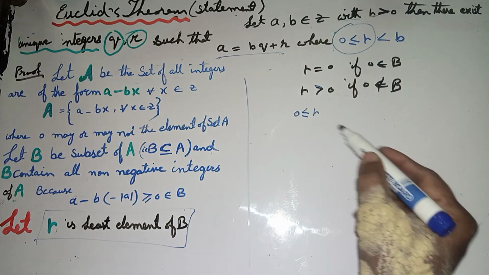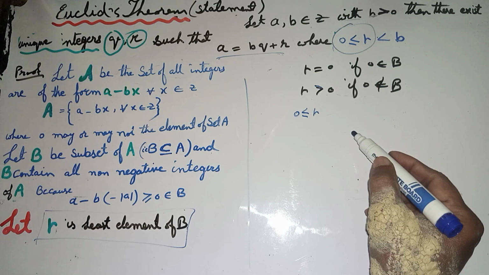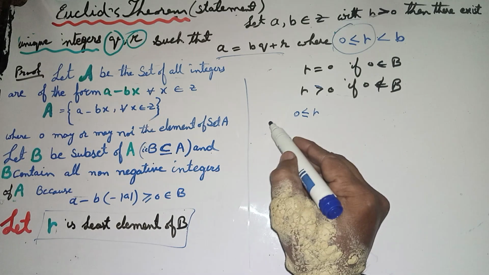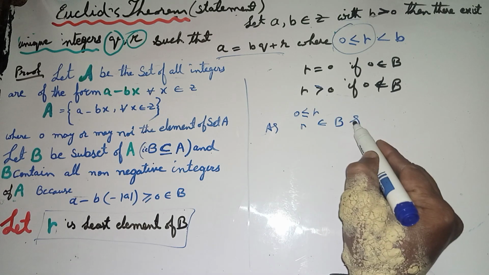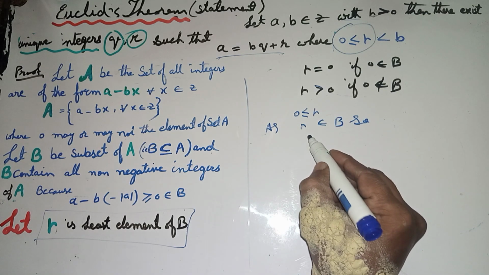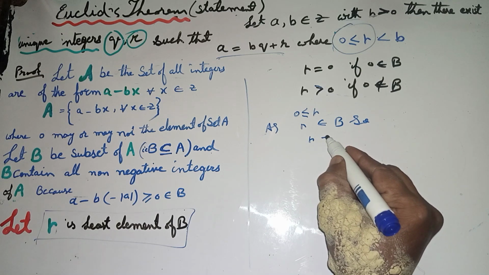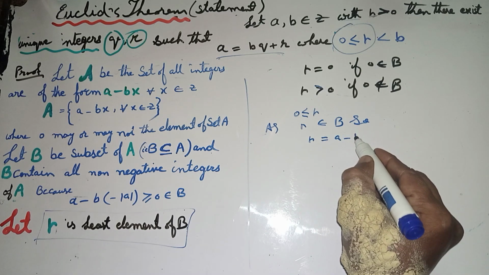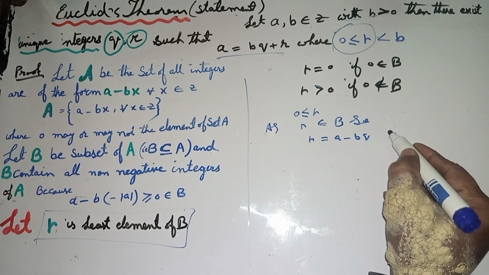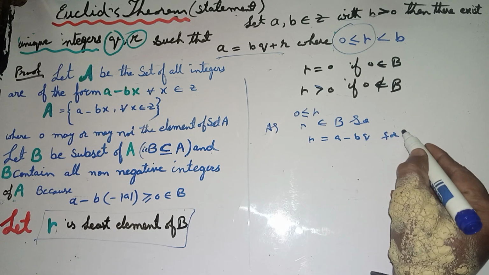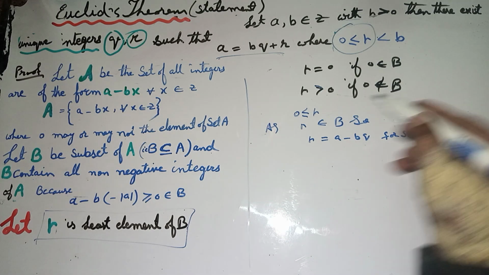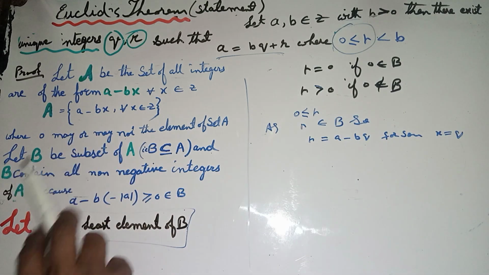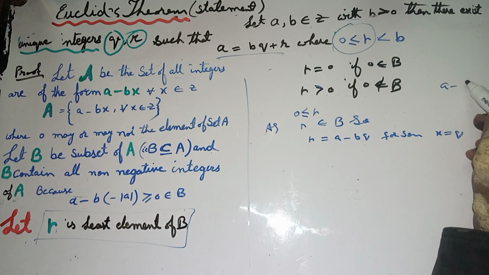Here we prove this value, as r belongs to B. So r is equal to a minus bq for some x equal to q, as we know that B contains numbers of the form a minus bx.